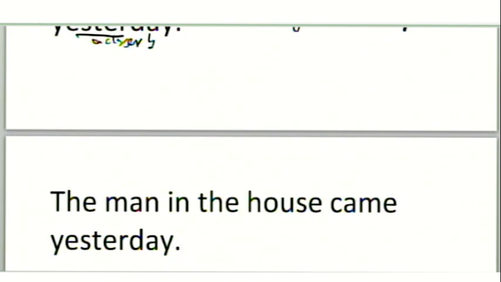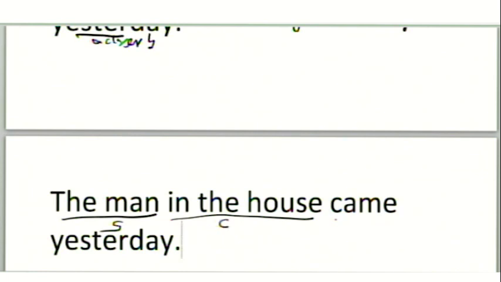The man in the house came yesterday. What is our subject? We have the man. We have an adjective, which is describing the man. This is an adjectival phrase. Okay, so that is our complement.